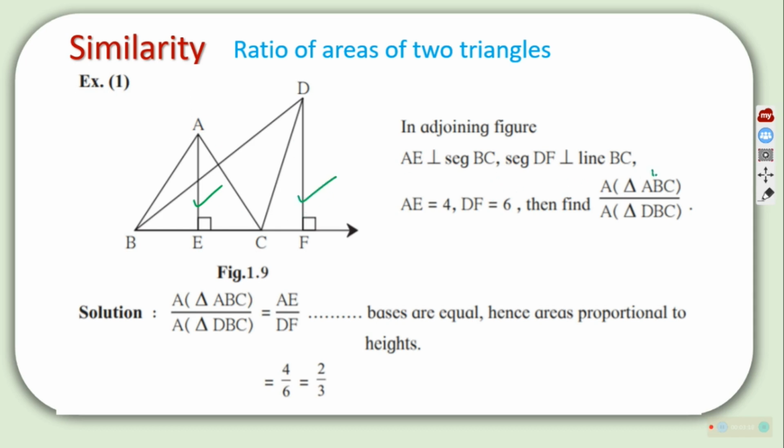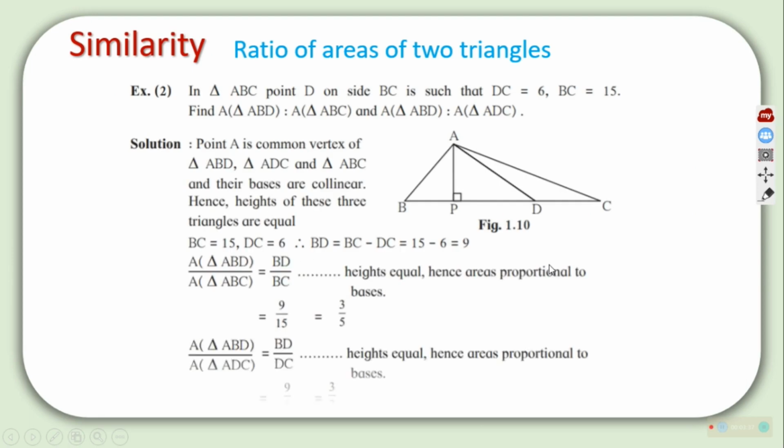There are two triangles, triangle ABC and the second triangle DBC. So we have a common base here. You can see the base is same, so you will be comparing the heights AE and DF, and we get the answer. Measurements are given, substitute them in. So base is common, heights compared.